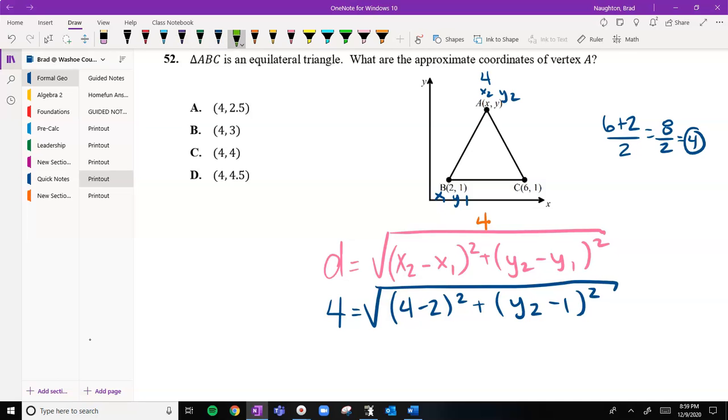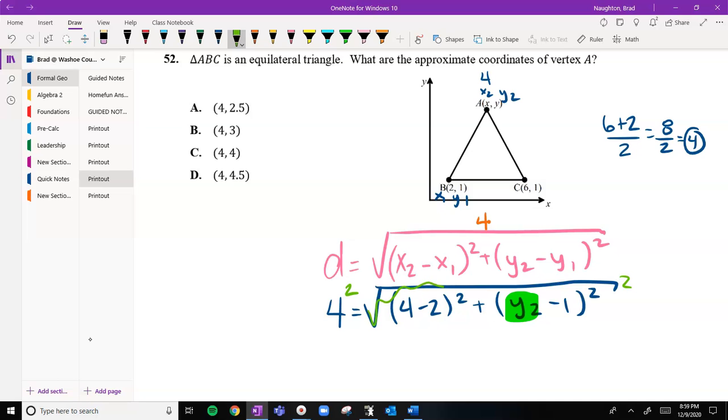So the first thing I'm going to do is I'm realizing that I'm solving for this y squared right there. So my friends, I'm going to go ahead and square both sides to get rid of the square root. So square, square.